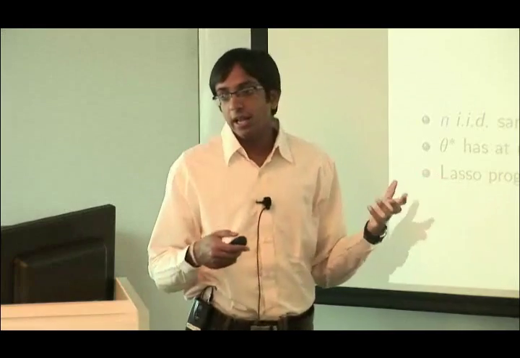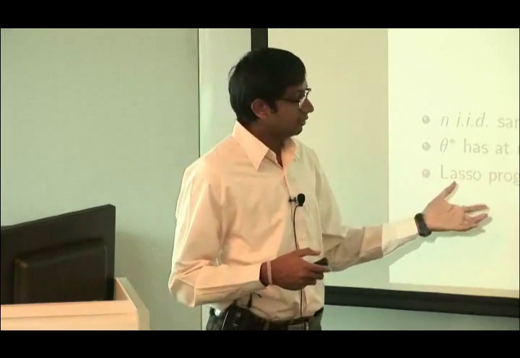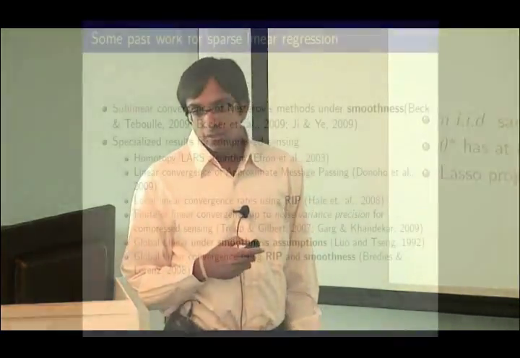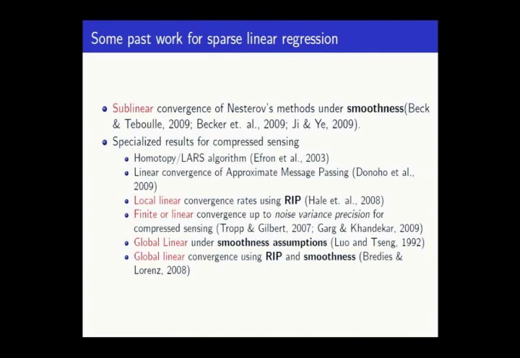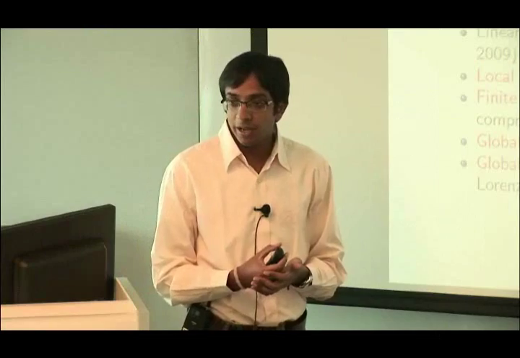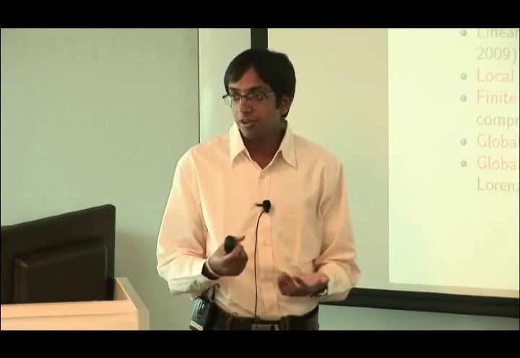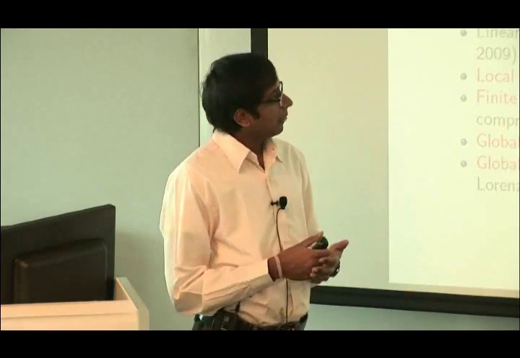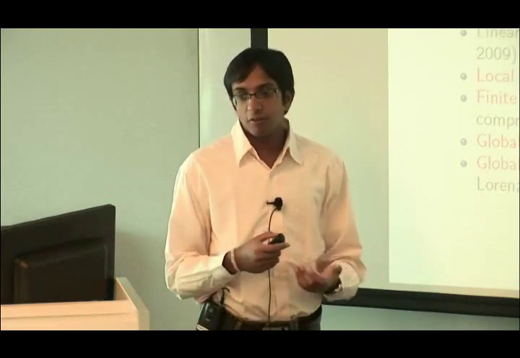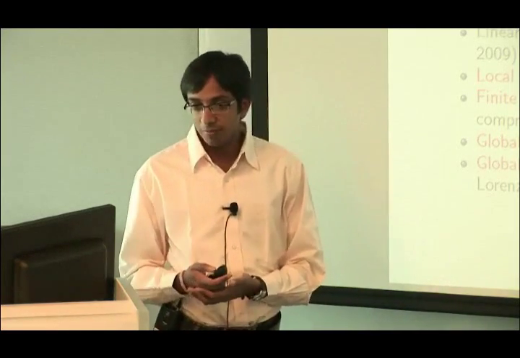There's been a lot of work, both statistically and computationally, on trying to understand the properties of this algorithm. In particular, there's been a lot of off-the-shelf methods that have been applied to the computational problem, as well as people have developed specialized algorithms. Unfortunately, none of the results that we know so far even explain the behavior of projected gradient descent on this very simple problem.